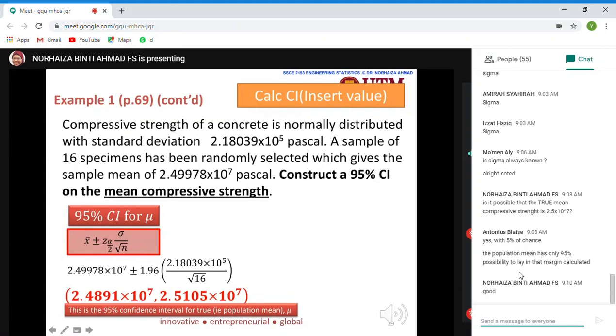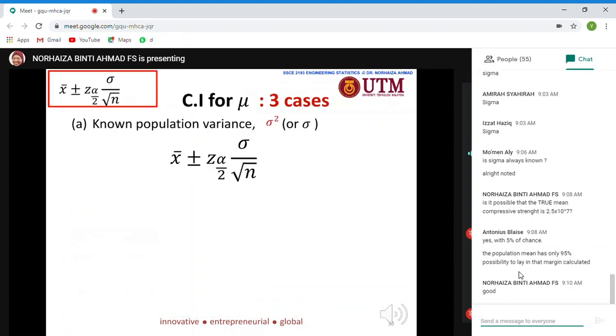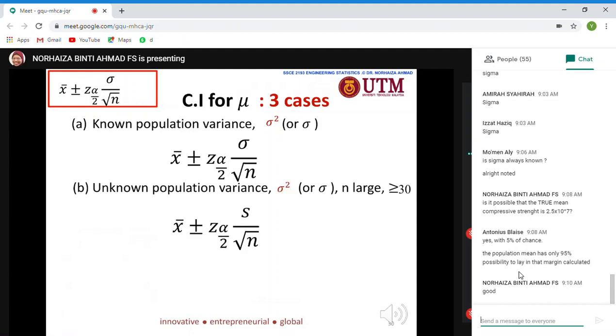For unknown population sigma, you have further conditions. So what are the conditions? This is the formula that you used just now, where you have a known population variance. Let's say you do not know the population variance, but your sample size is large. Then to compensate for the unknown, you can use the best point estimate for sigma, which is S.